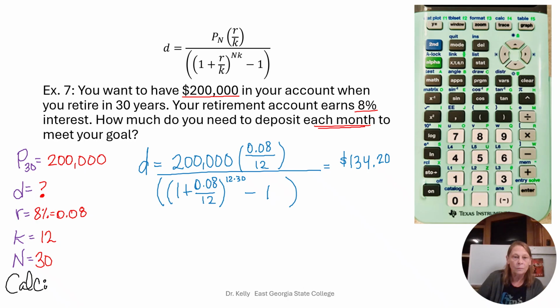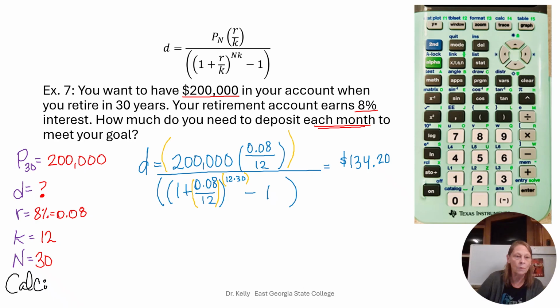Now, check it out. The numerator has more than one thing going on. It's a couple things being multiplied together, so it needs to go in its own set of parentheses. And the bottom's already got its own set of parentheses. We do need to put a set of parentheses around this one and a set of parentheses around this. And let's get started.